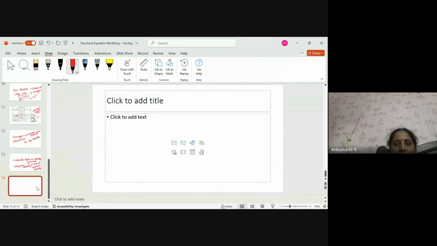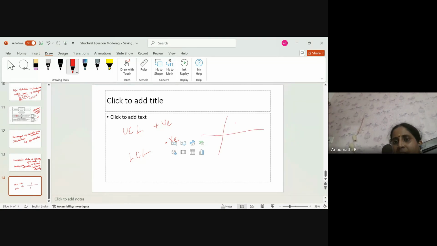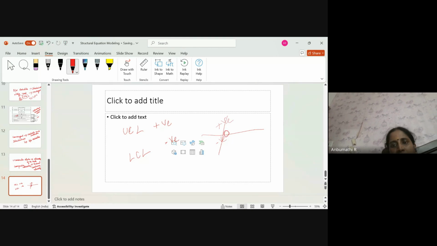Okay. So for example, UCL is positive and LCL is negative. It means that you will have this quadrant. When you want to pass from a positive quadrant to a negative quadrant, whether it's the x-axis or y-axis, it will pass through the value 0, right?